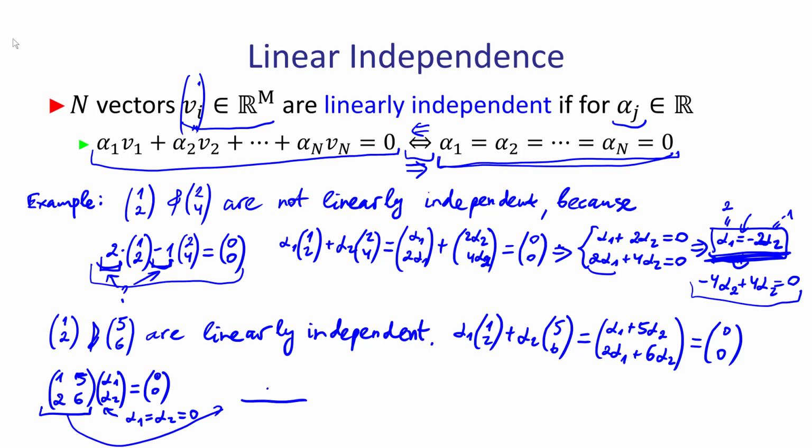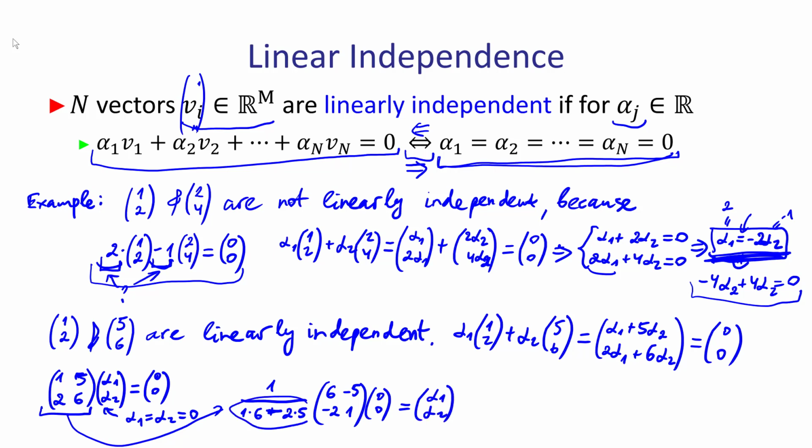So it will be 1 over the determinant, which is 1 multiplied by 6 minus 2 multiplied by 5, and multiplied by the matrix which is the inverse of that matrix, [6, minus 5; minus 2, 1], and multiplied by (0, 0) will give you alpha 1, alpha 2.